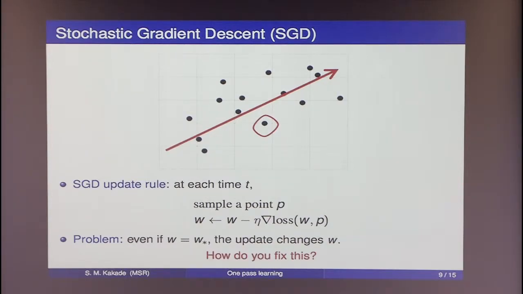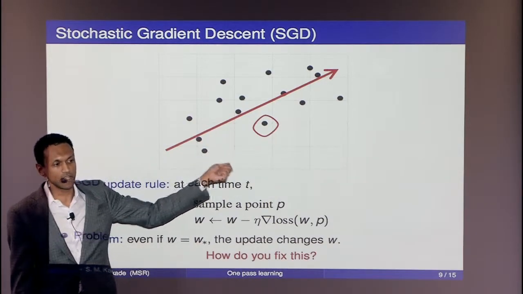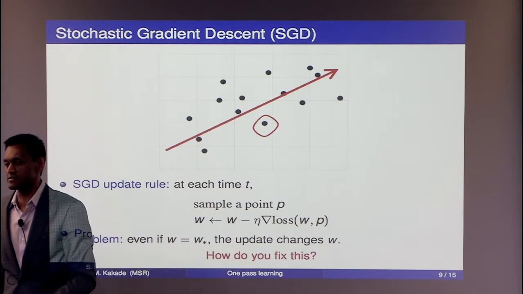This is why with batch gradient descent, if you're at the right answer, you don't move, because the gradient's 0. If you actually computed the gradient of the entire function, summing over everything, that gradient's 0, so you don't move. That's why with batch gradient descent you get geometric, or linear, convergence. With stochastic gradient descent, the only way you can get this to converge is by turning down the learning rate.